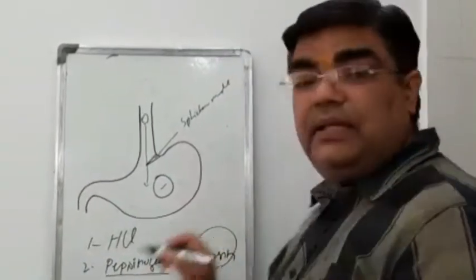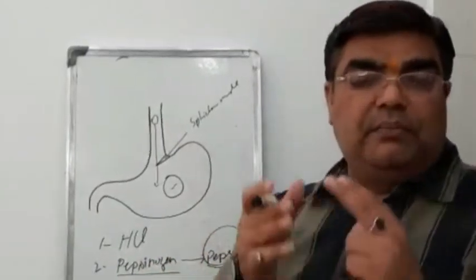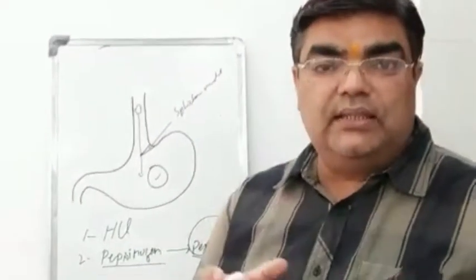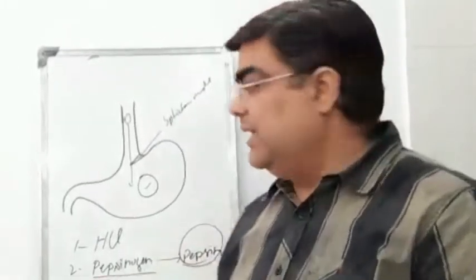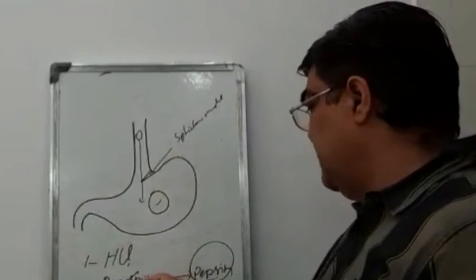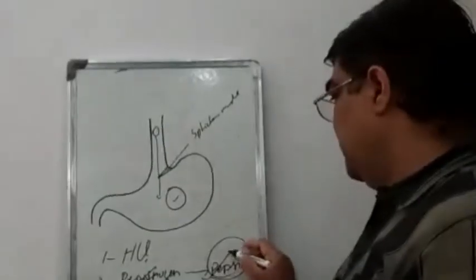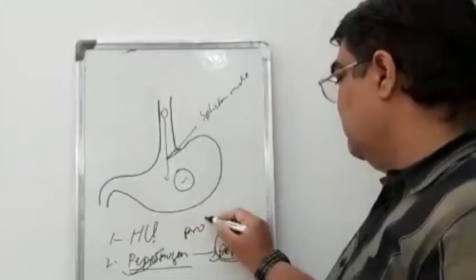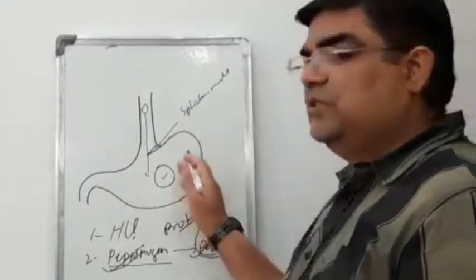And why is pepsin required? Pepsin breaks down protein into peptones inside the stomach. Therefore, HCl converts the pepsinogen into pepsin, and protein breakdown takes place here.